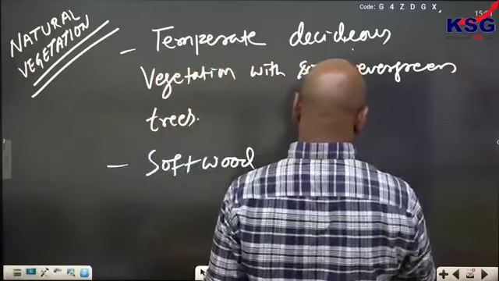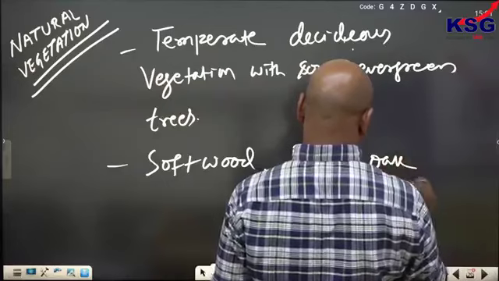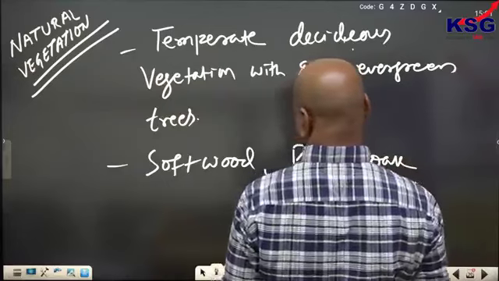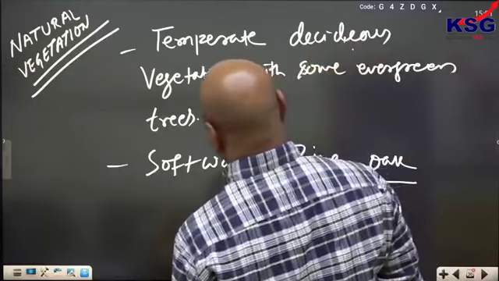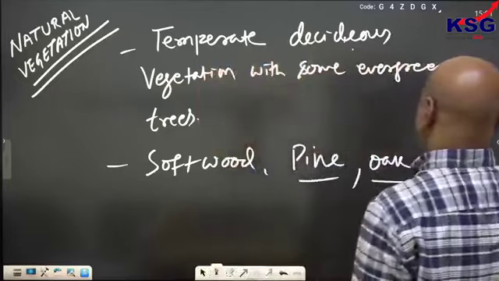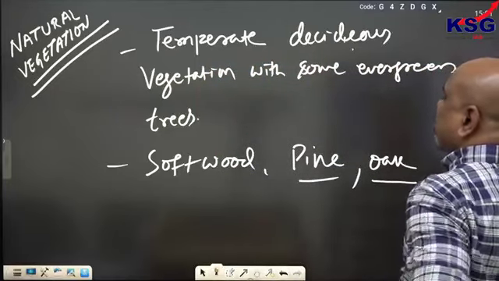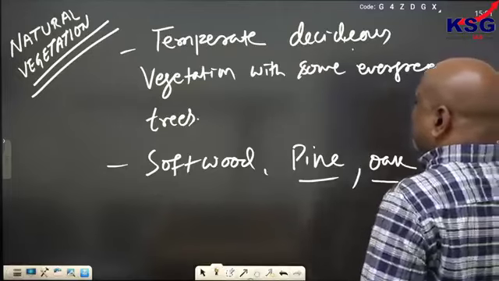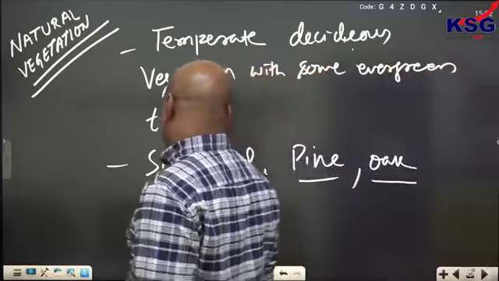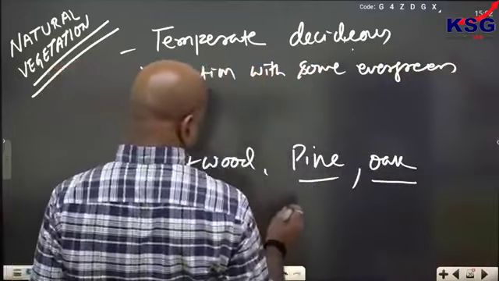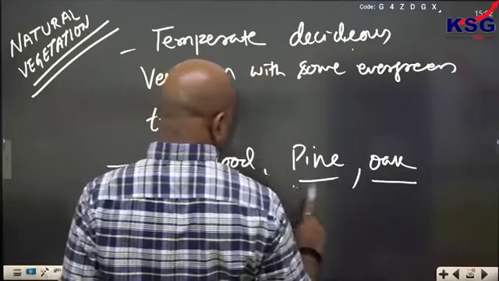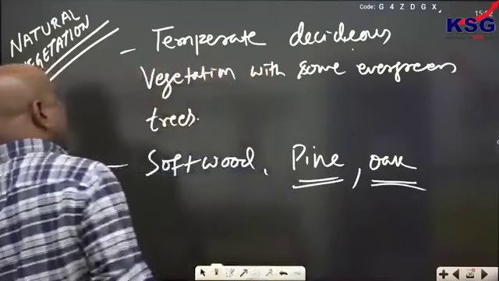Pine, oak, okay, they are the tree which will get by natural vegetation में, and some softwood as well as hardwood. These are tree you will find out here, natural vegetation.